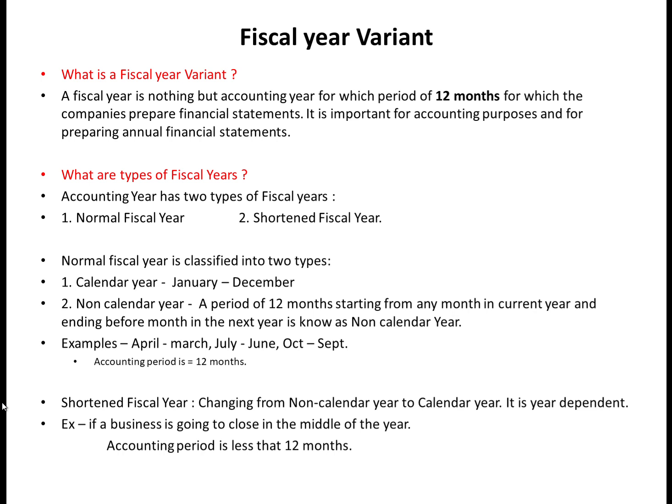So we will use this shortened fiscal year for doing the financial transactions. I'm sorry, for example, let's assume a non-calendar year from April to next March. The business has been started in April, and the business has been closed in the month of August. So the transactions from April to August will be done within that year. So it is known as a shortened fiscal year.